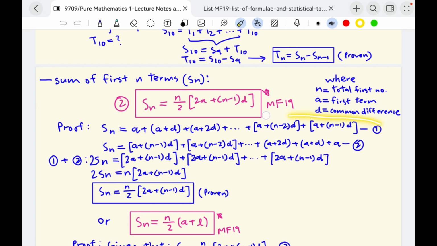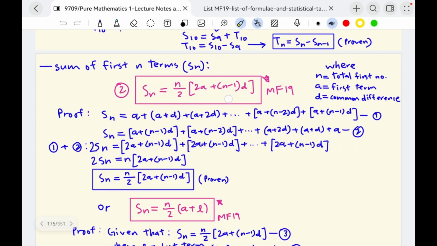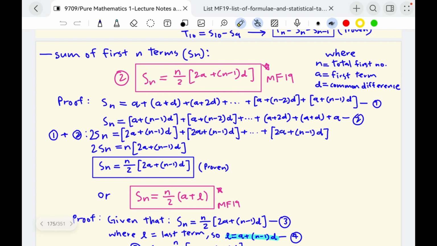So these two equations are formed to solve like simultaneous equations. Combine these two equations, you get the 2Sn. As you can see, each of them has the common term of 2a plus (n minus 1)d, which means each has n times of the additions. So combine it into n.